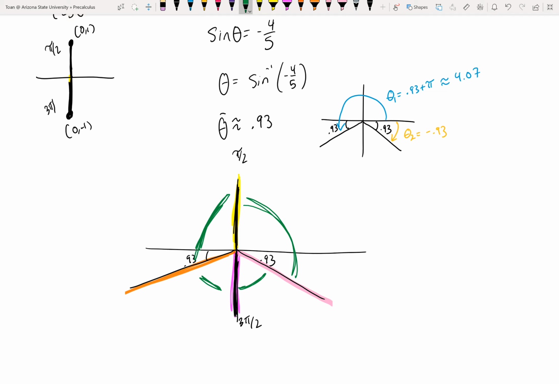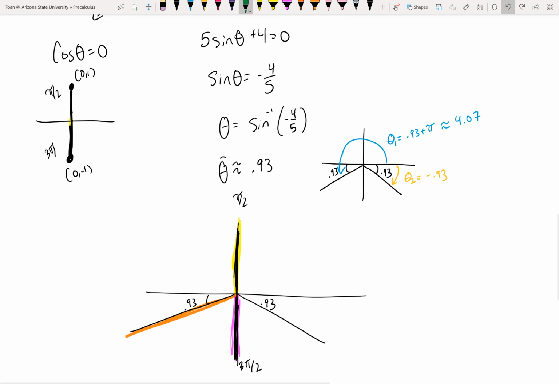So all of them are not symmetrical with each other, so we cannot merge this as one statement. But I hope everyone can agree that at the very least, the pi halves and the 3 pi halves are symmetrical with each other. So those I can merge as one statement, and then this answer can be its own separate statement, and then this answer can be its own separate statement. So I should have 3 final statements in the end.